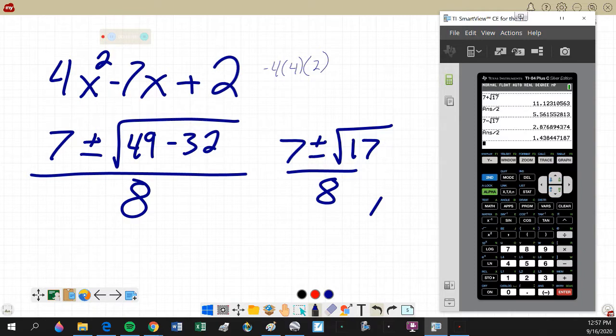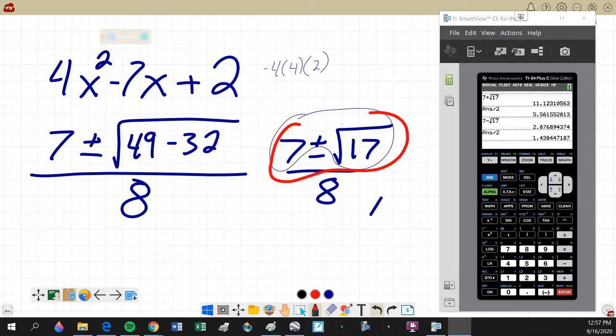Oh, 8 divided by 8. Thank you. Yeah, don't divide by 2, divide by 8. So you plug in this, enter, and then divide by 8. And then you plug in this, enter, and divide by 8. Does that make sense? Okay.